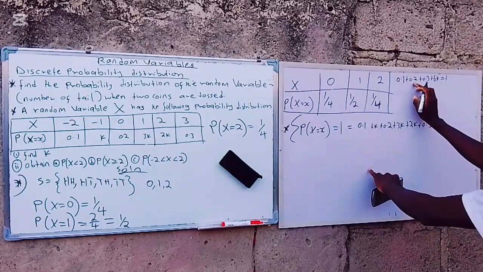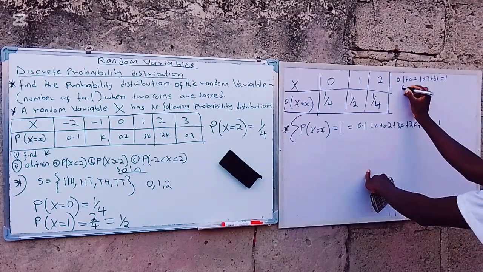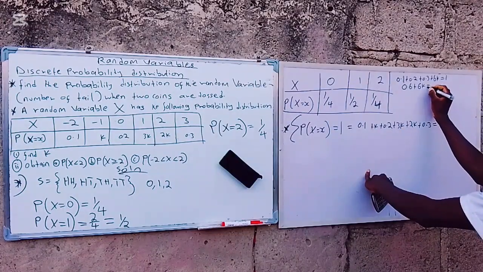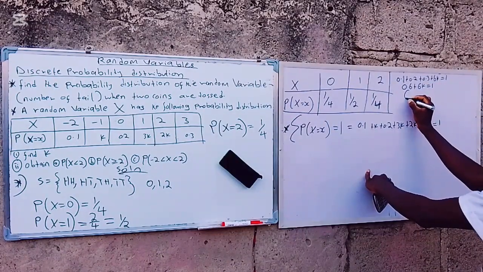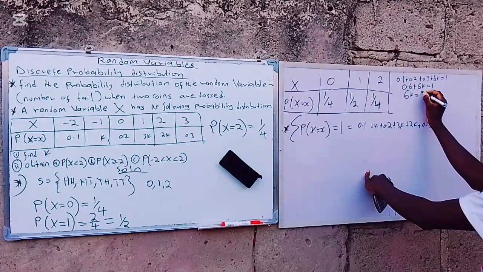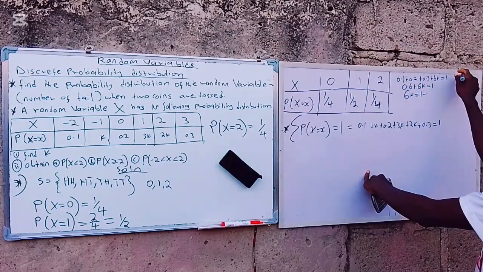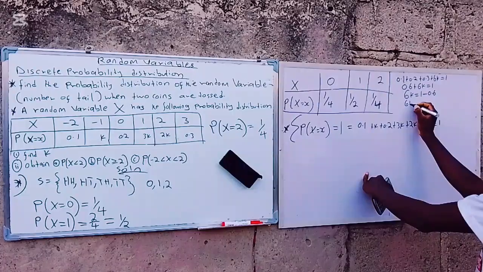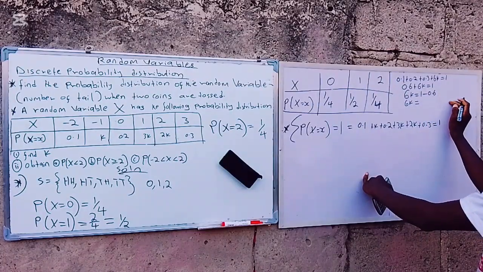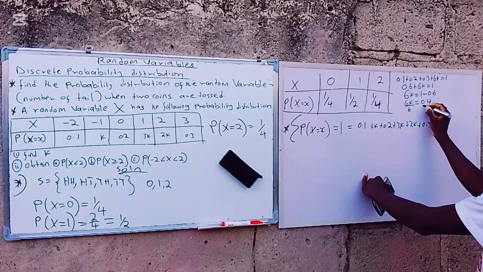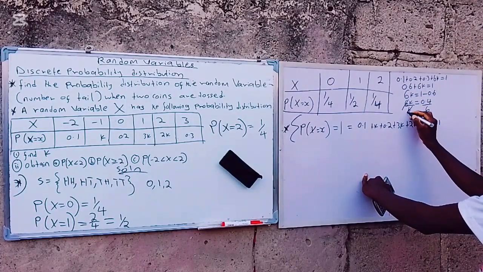So I'll have 0.6 plus 6k equals 1, and therefore 6k shall remain as it is. It will be equal to 1 minus 0.6, since 0.6 crosses the equal sign and becomes negative. So 6k equals 1 minus 0.6, which gives 0.4. If I divide both sides by 6, 6 will cancel 6.